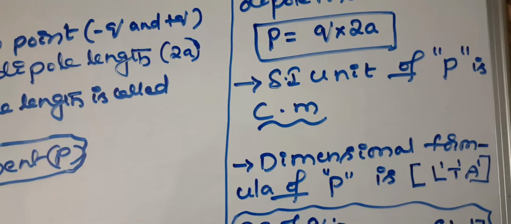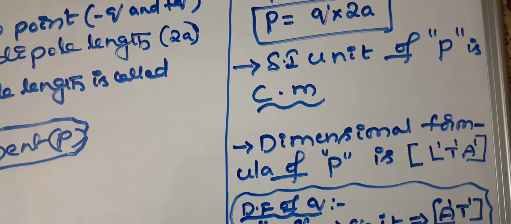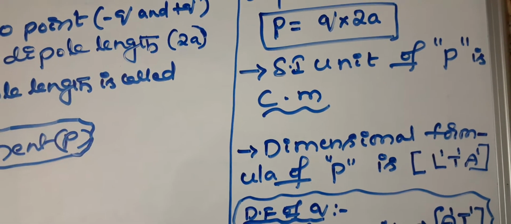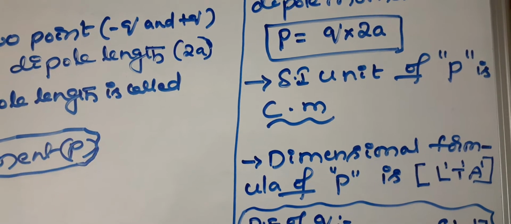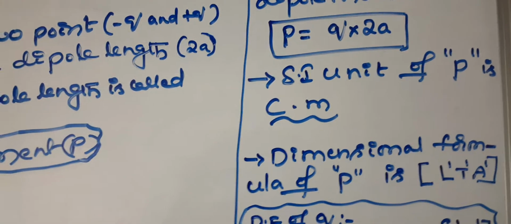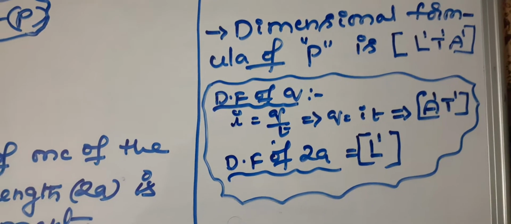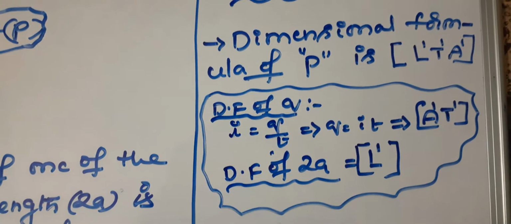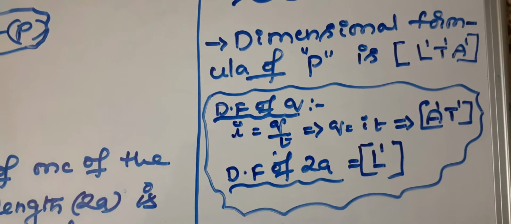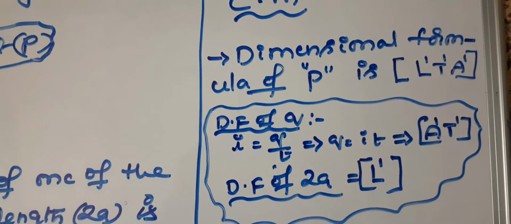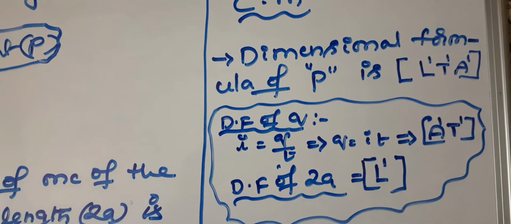Its dimensional formula, students, is L power 1, T power 1, A power 1. It can be derived from the dimensional formulas of charge q and dipole length 2a. You know electric current I equals q by t, so q equals I into t.